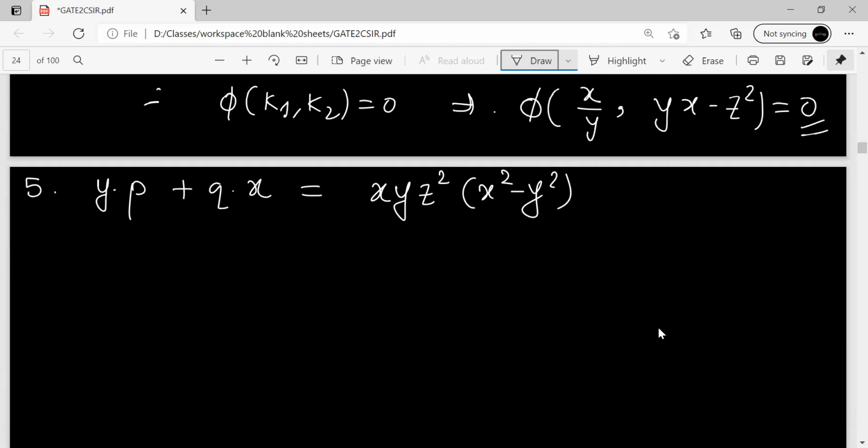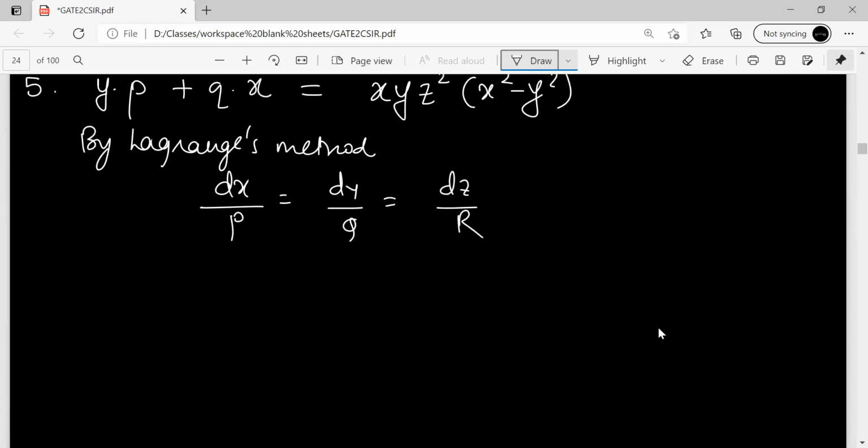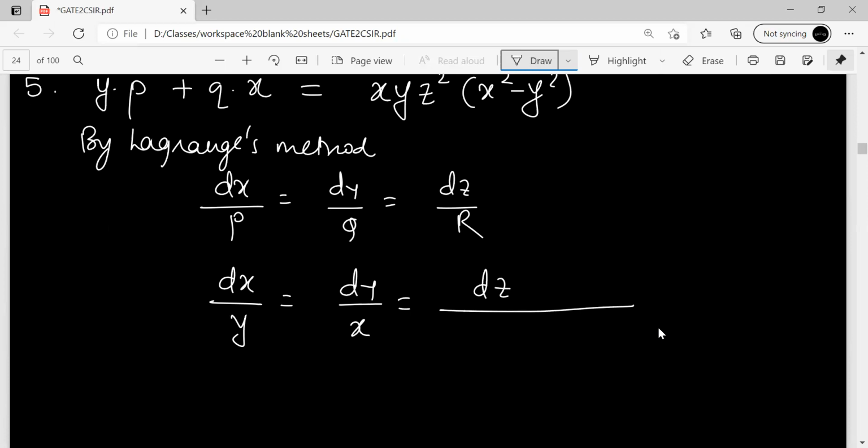Okay, so by the same idea, Lagrange: dx over p equal to dy over q equal to dz over r. Now let's keep all the values. So dx upon p is dx over y, equals dy over x, and then it looks very messy.